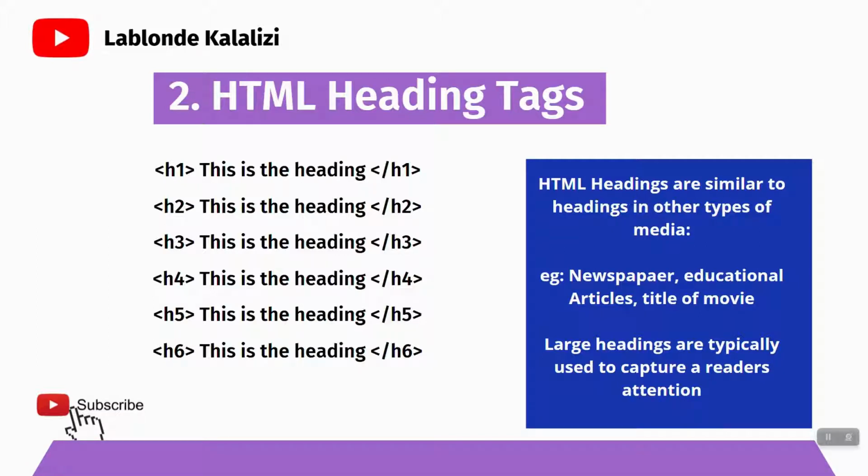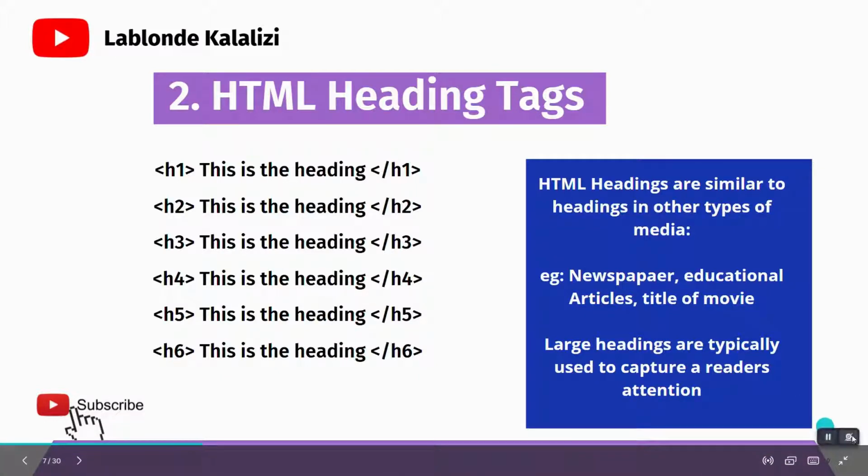HTML headings are similar to headings in other types of media, for example newsletters, newspapers, educational articles, the title of a movie. Large headings are typically used to capture a reader's attention. I think you have used heading 1 in your content as well.